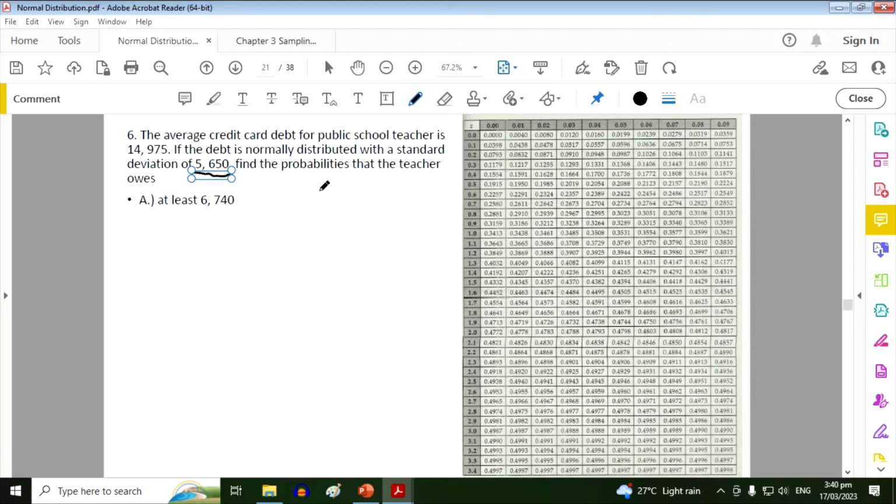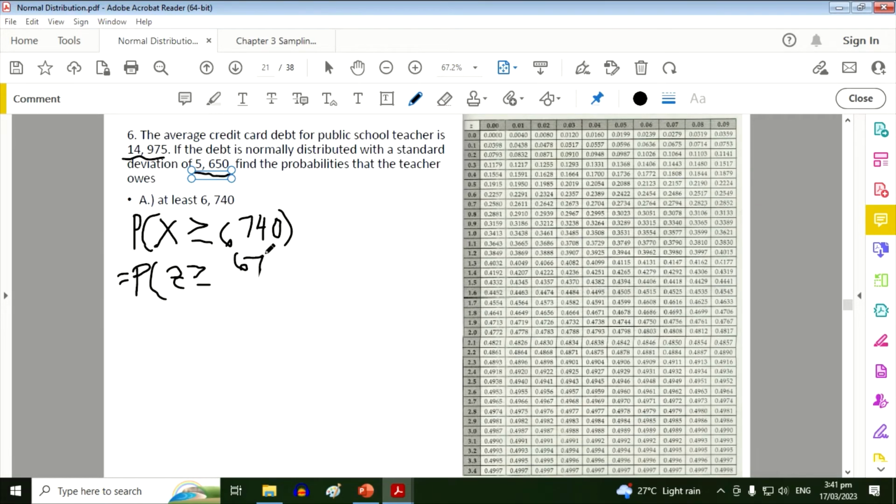Letter A, find the probability that the teacher owes at least 6,740. So we're given the mean and the standard deviation. When we say at least, it means greater than or equal. So that is our inequality symbol. So again, convert this to Z.